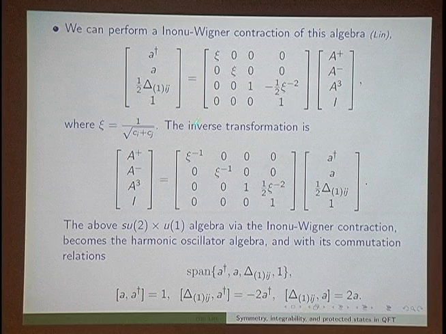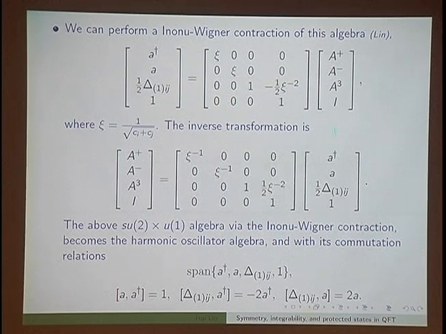And then one can see that there is an Inönü-Wigner group contraction of this algebra to a harmonic oscillator algebra, where a dagger and a are the creation and annihilation operators of the harmonic oscillator. And the delta, this dilatation generator, which is a mixing matrix, plays the role of a generator proportional to the Hamiltonian of the harmonic oscillator.